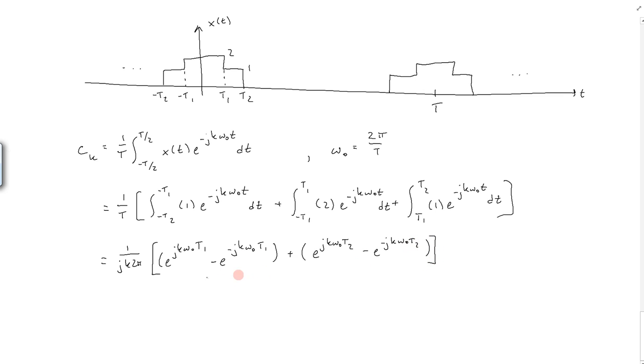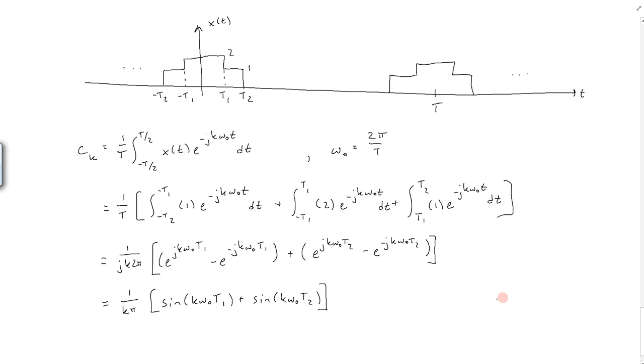We can further use Euler's identity on each one of these things to simplify this down to 1 over k pi times sine of k omega naught T1 plus sine of k omega naught T2.